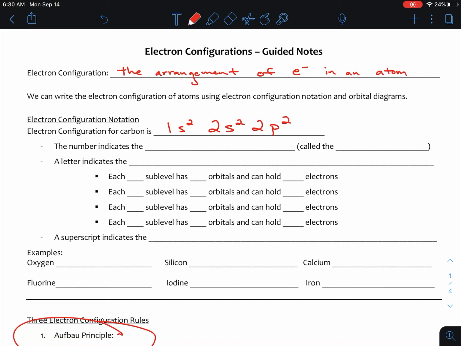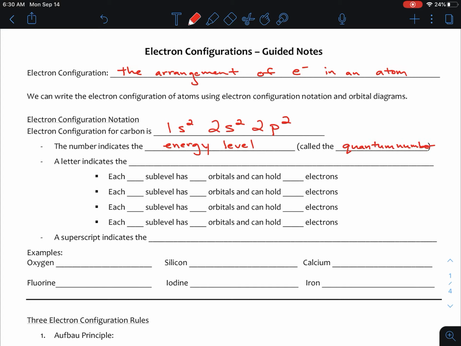The number in the front, the 1, the 2, the 2, indicates the energy level, or how far you are away from the nucleus. The energy level is also called the quantum number.